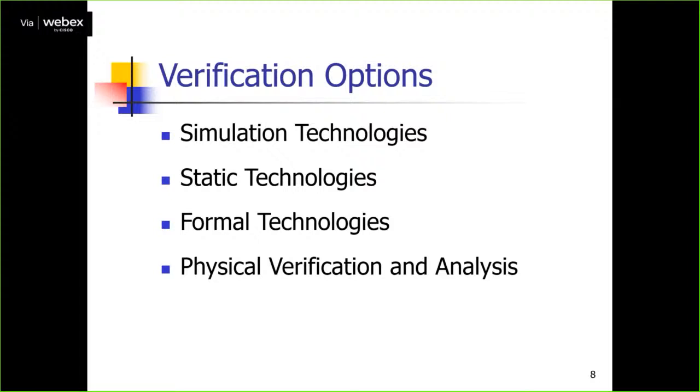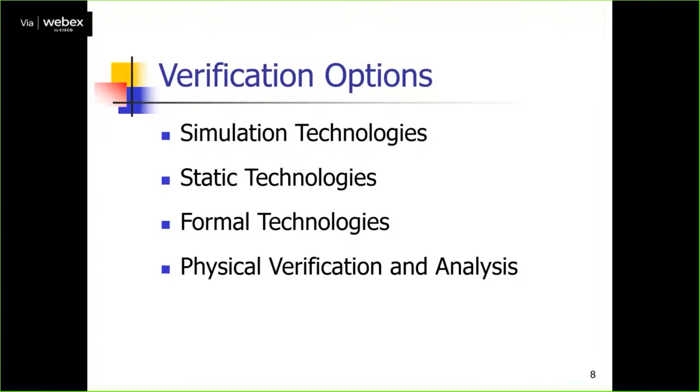One is the simulation technologies, the second one is static technologies. In simulation technologies, you check the functionality: how much of the code you have written is coverable, and how your input values are derivable at the output.